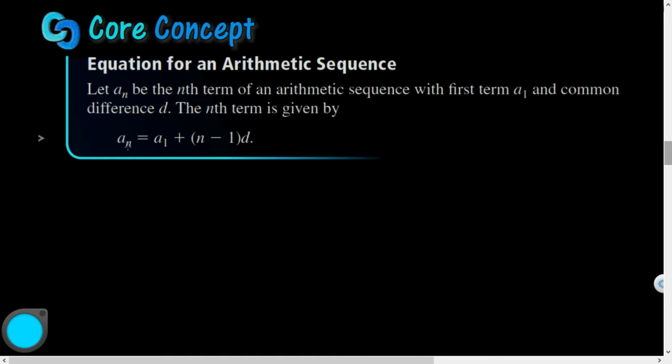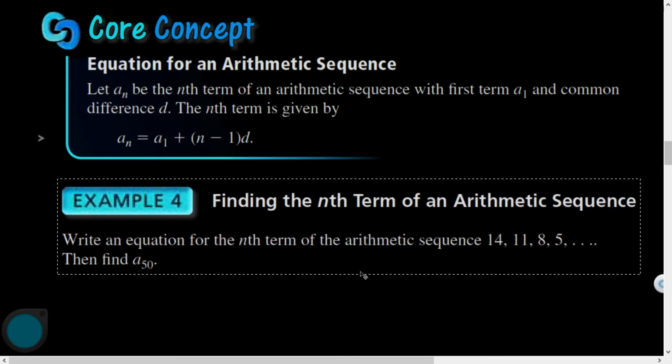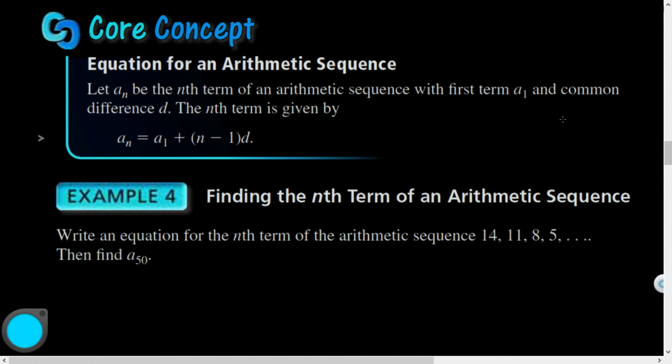So the nth term in a list is equal to the first term plus n minus 1, where n is the number of the term I'm looking for, times the common difference. And so this is a formula. It's a linear formula. And we're going to be able to use it to find new terms in our list that are farther down the line.